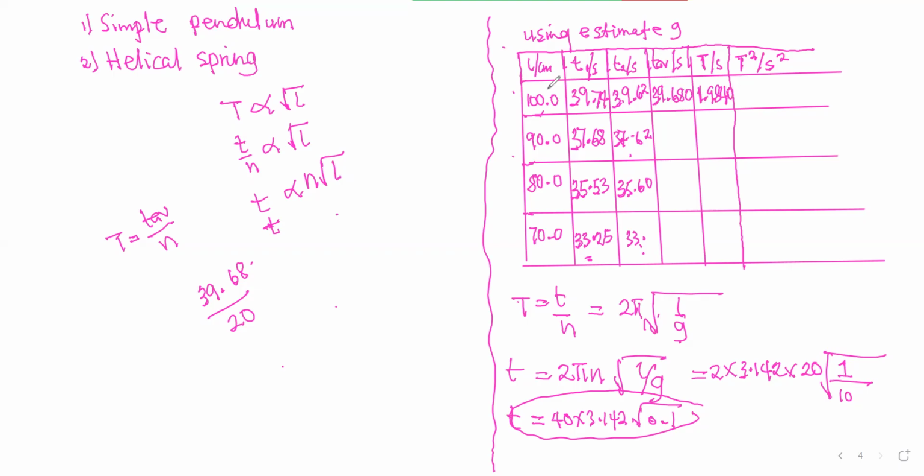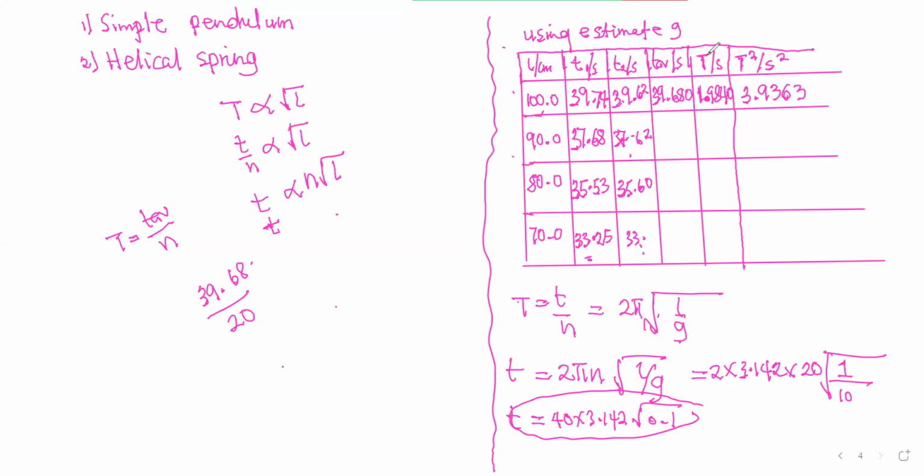Okay. Then square this same value for me. 1.9840 squared. 3.9363. And I'm writing it in 4dp because it's also a calculated value.